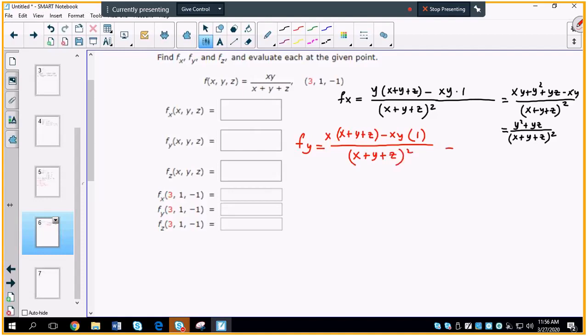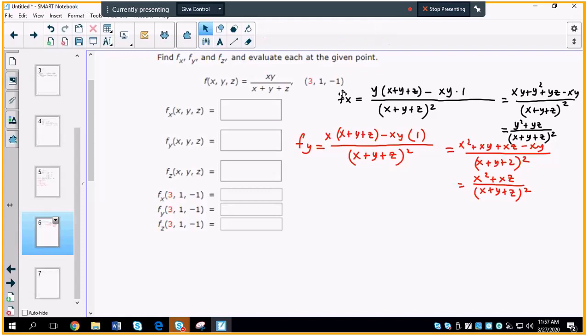So that will simplify as x squared plus xy plus xz minus xy all over x plus y plus z all to the power 2, which is equal to x squared plus xz over x plus y plus z whole squared.